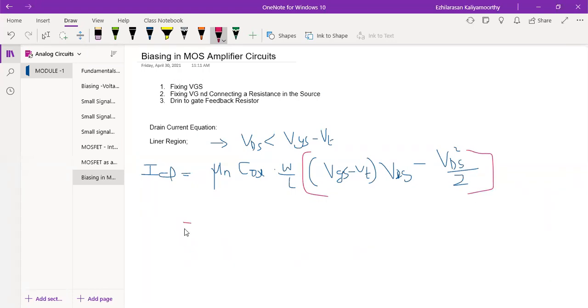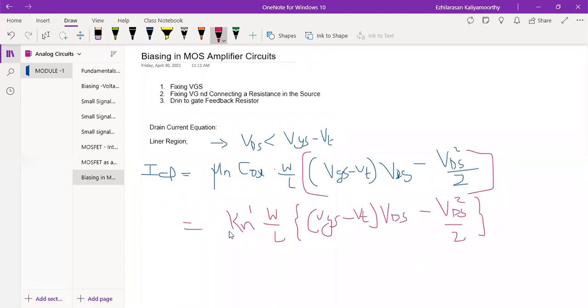Now this part I will write with the parameter Kn dash: Kn dash W by L, (VGS minus VT) into VDS minus VDS square by 2. Actually, this is a derivation, but as of now we don't know it.